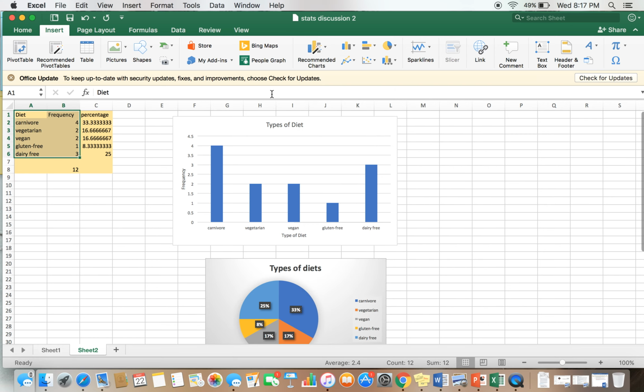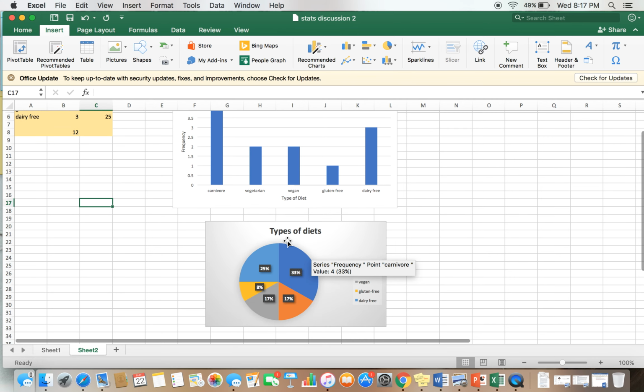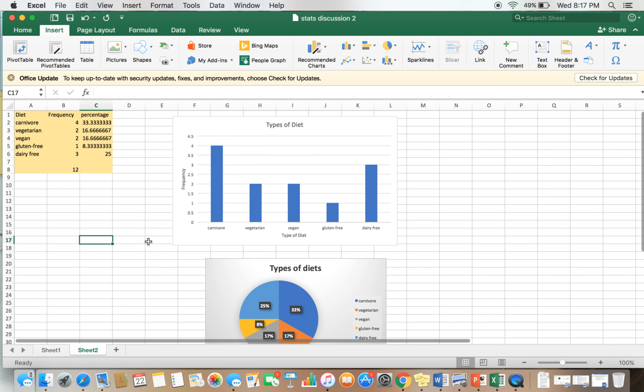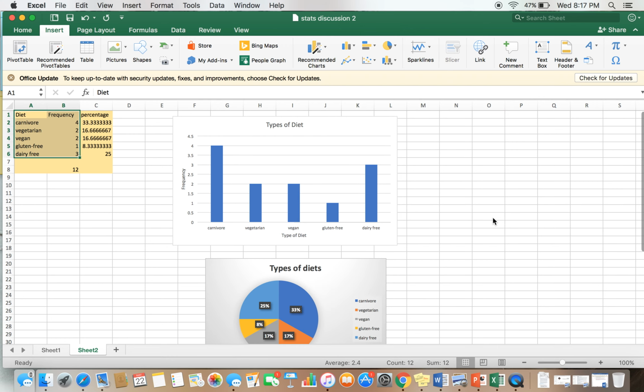So I essentially graphed each, and then from the add chart elements, I inserted titles of types of diets with the frequency on the y-axis and the type of diet on the x-axis. And then this chart right here, I actually found in recommended charts as well, which was so lovely. Oh, it's not popping up right now, but it was there.